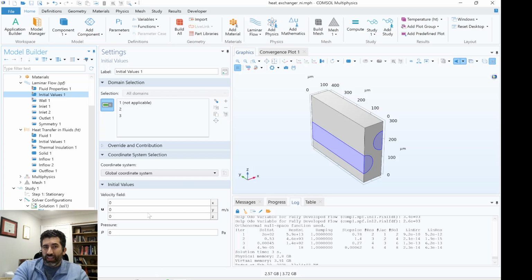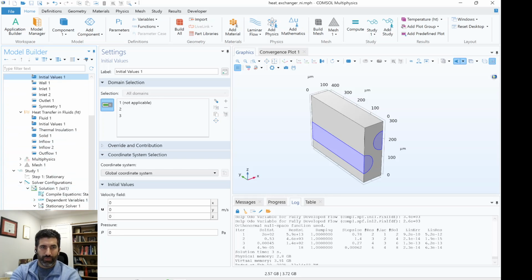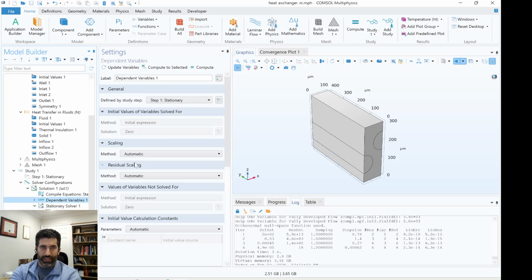Okay, and this is common because unless you know which way the velocity is, in this case you do, but in general maybe you don't, right? If you're looking at some kind of cellular convection circuit or something, then you don't really have a good initial guess. Okay. The last thing that you could do is manually enter the scale for your variable.